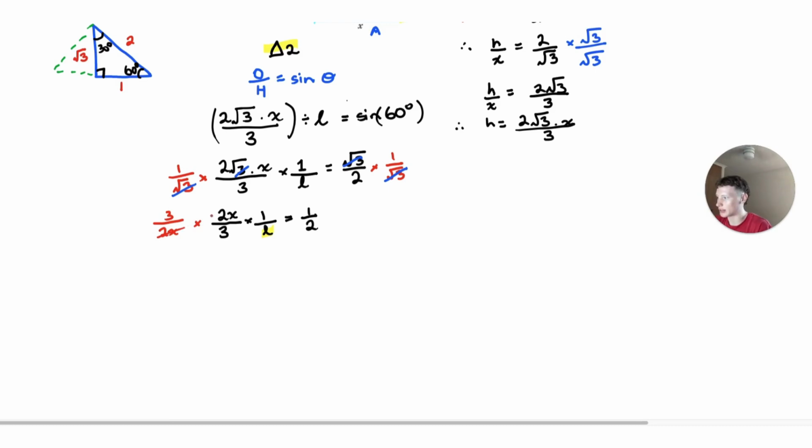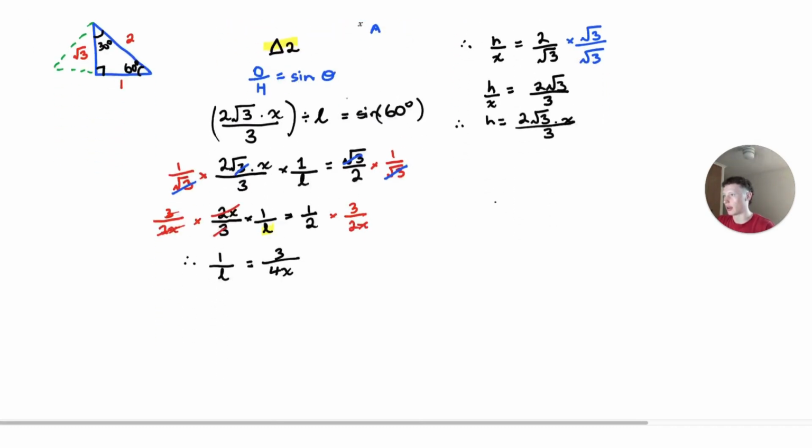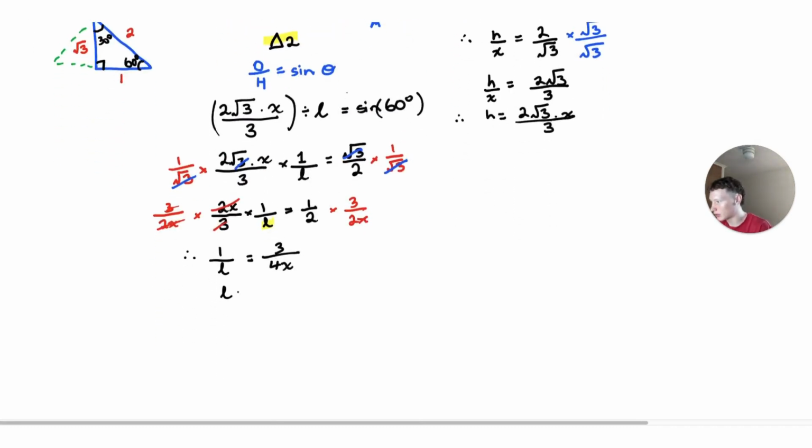It's going to cancel on this side. So then we get 3 over 2x on the right-hand side. That comes out to 1 on L equals 3 over 4x. And now we can do what we did up here and flip both sides, which gives us L equals 4x over 3.